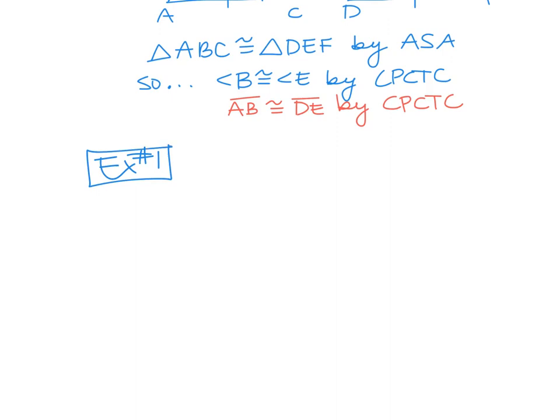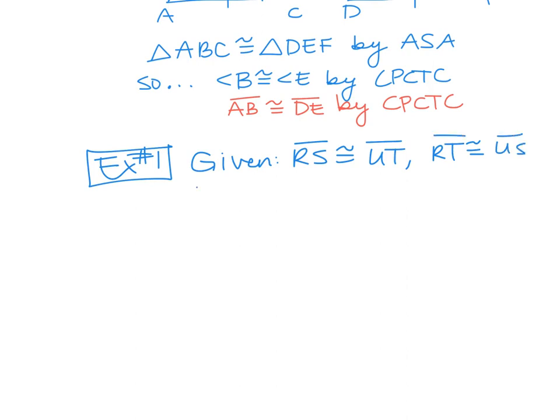Let's say you are given, and I'll give you time to write it all out as soon as I finish this up. So RS is congruent to UT, and RT is congruent to US, and we want to prove angle T is congruent to angle S. Okay?